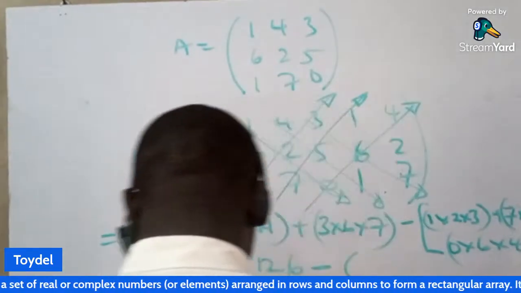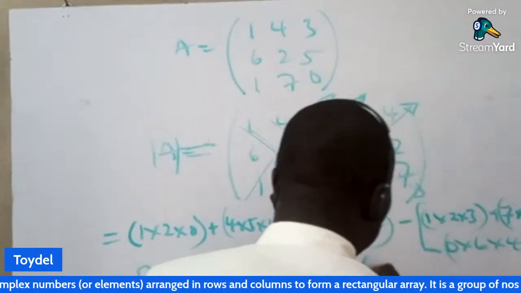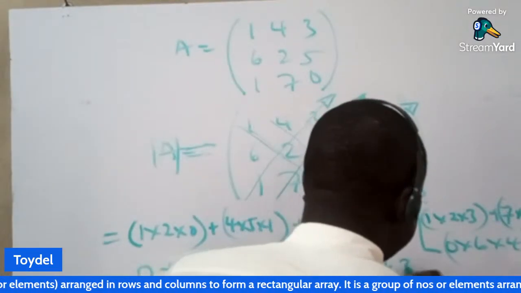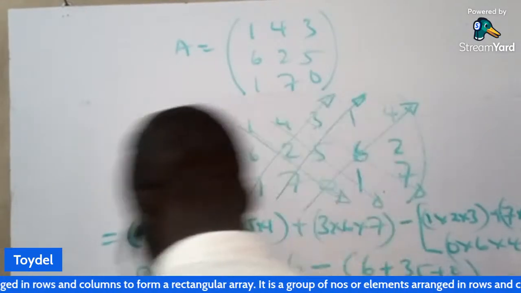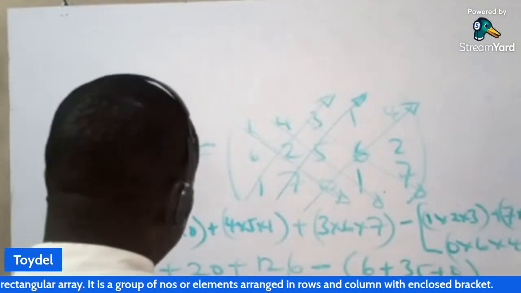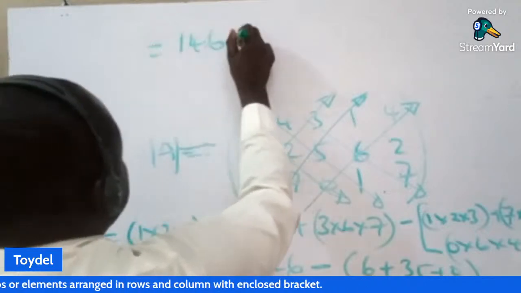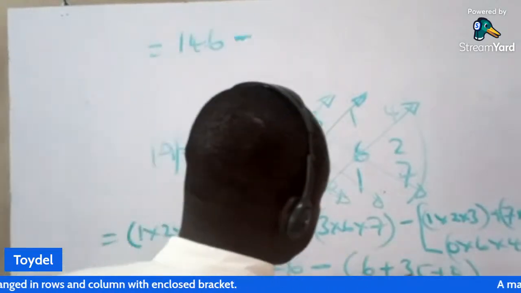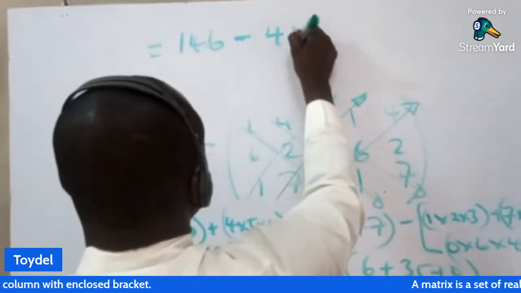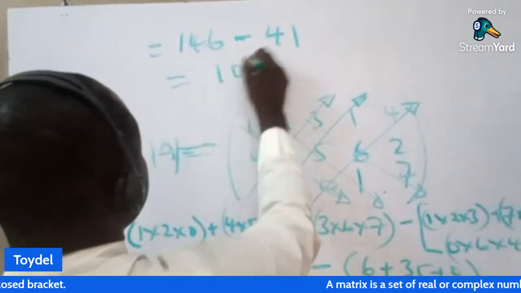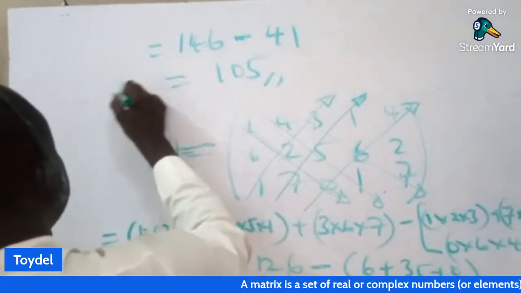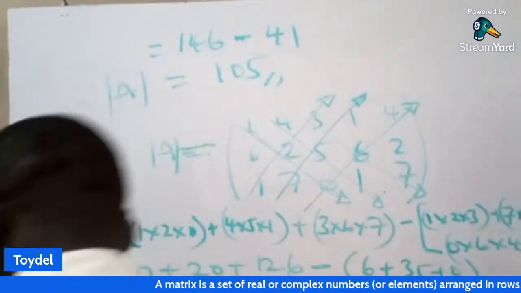This will be 2 times 1, 6 plus 7 times 5, 35 plus 0. So if we simplify, what do we get? 0 plus 20 plus 126, that's 146, minus 41. At the end of the day, we are going to get 105, which is the same thing that we got when we used the other method.